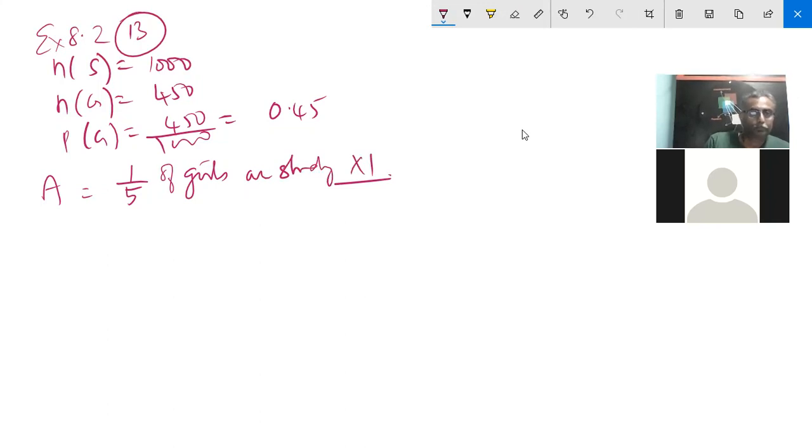Now, what is the event B? A student is selected from 1000 students. What is the probability the selected student is from class 11?